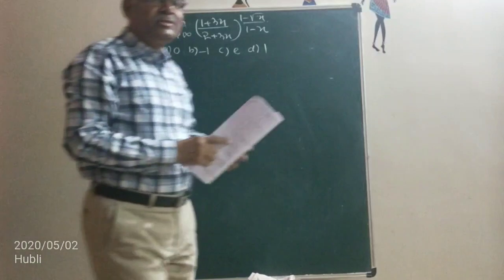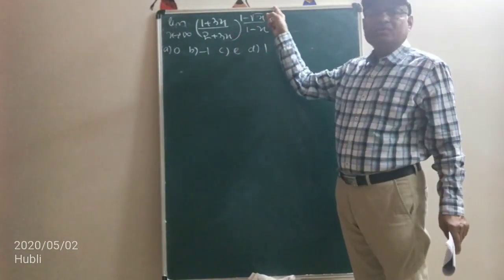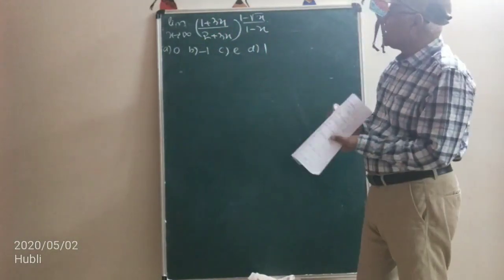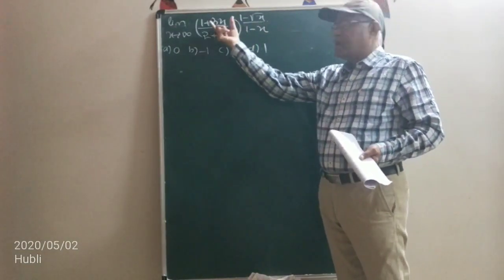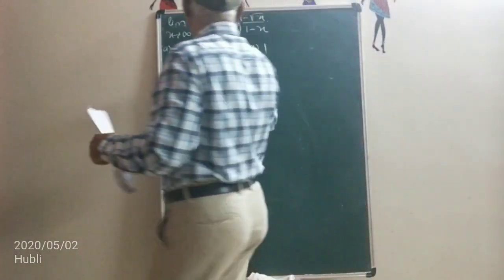Students, here this example is coming under type f of x raised to g of x as x tends to infinity. What is f of x raised to g of x? Limit of e raised to g of x into the bracket f of x minus 1. Now first, before going to that, let me simplify this one.